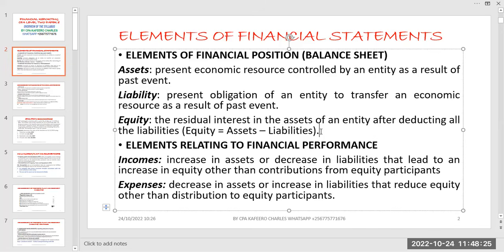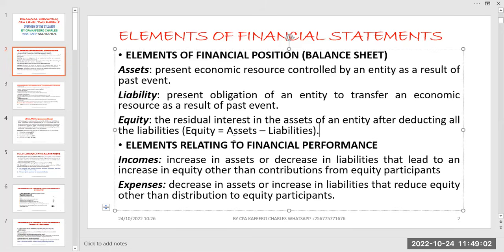We settle all our liabilities using the assets we have. What has remained is what we are going to distribute to shareholders and others if the business is going to wind up. So it is a residual interest in the assets of an entity after deducting all the liabilities. And here we have a formula: equity equals assets minus liabilities. So what remains is what we call the equity.